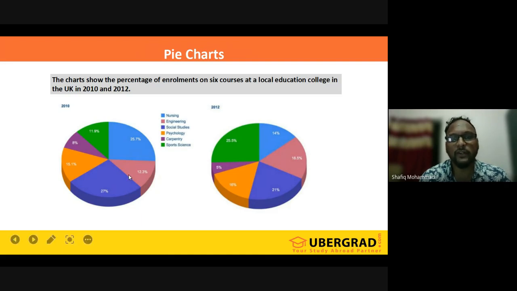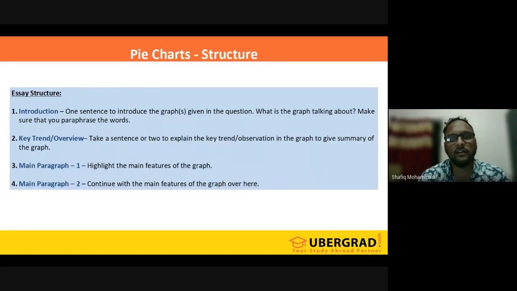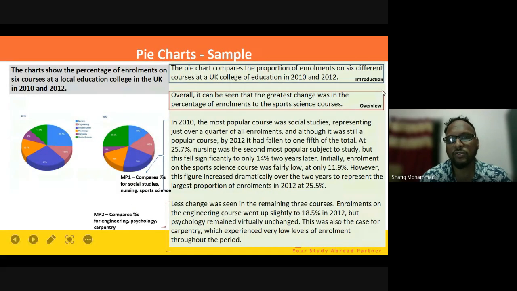But by 2012, a small slight decrease we can see. So that is something like one fourth to one fifth, the decrease we can see in that trend. Okay, so one fifth of the total we can see by 2012. At 25.7%, nursing was the second most popular subject to study.